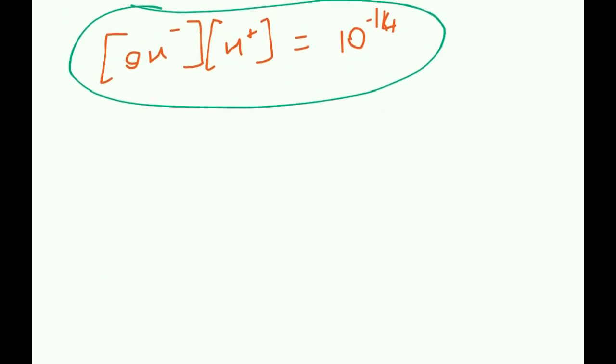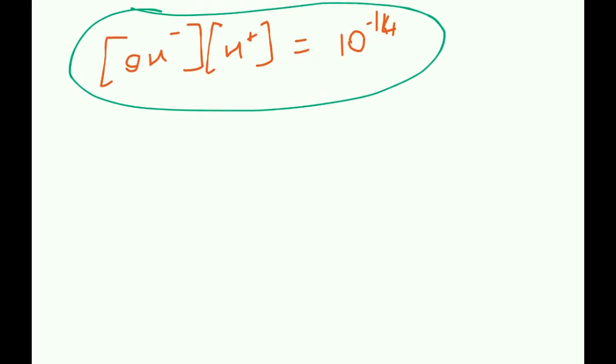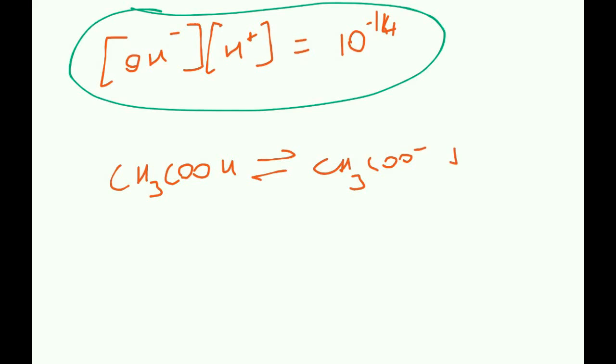Like if I take, say, CH3COOH and I dissociate it, I get CH3COO negative plus H plus, and say I know the concentration of H plus is 0.1 molar.